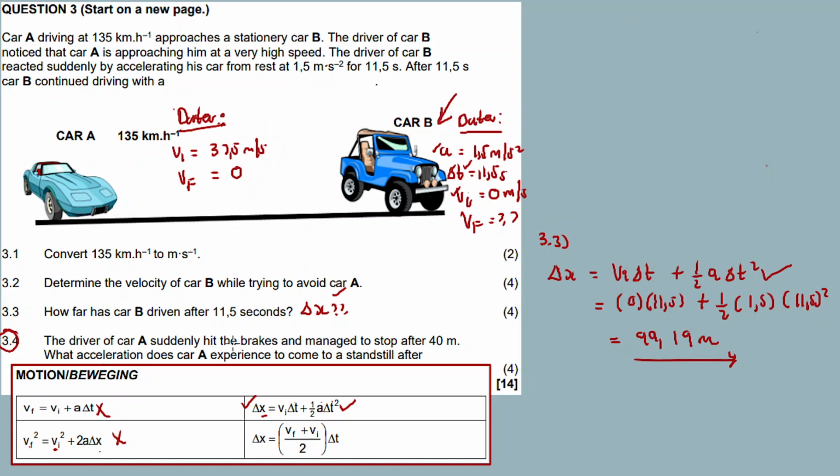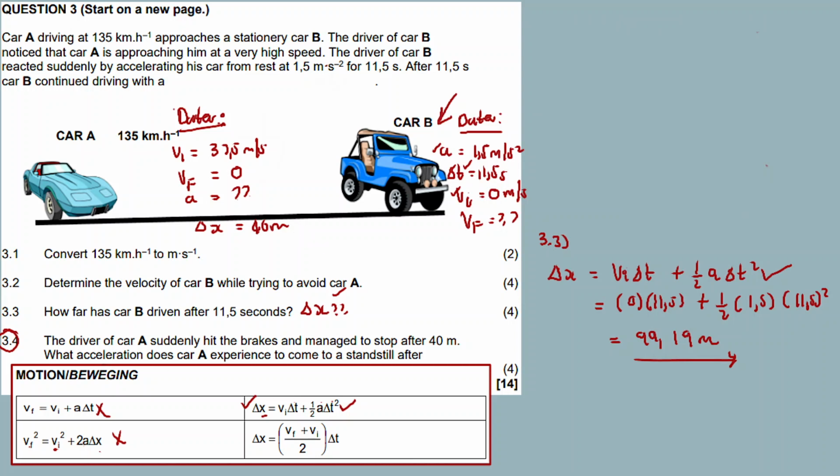The whole point of applying our brakes is just to stop the car. We want to find the deceleration. What else do we have? We have delta x, which is the 40 meters.